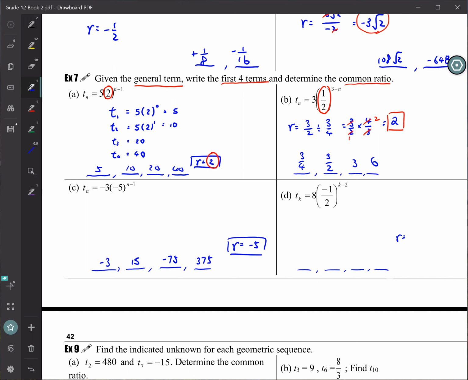Please raise your hand if you finish A, B, C, D. Ray, you are not done yet?